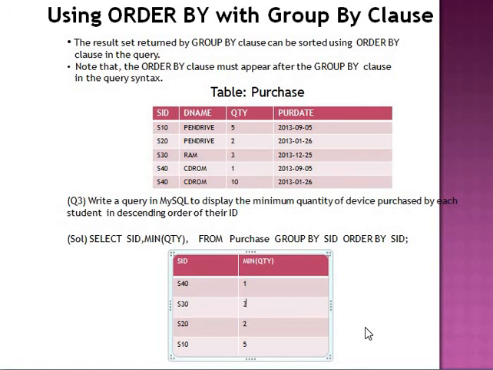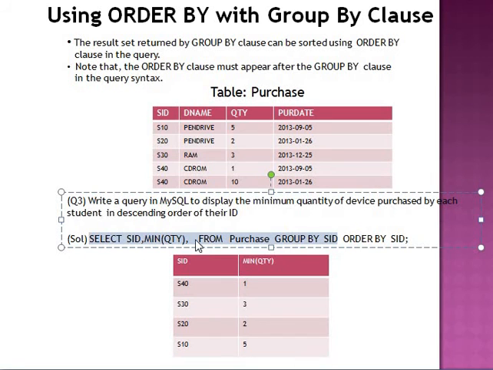And this is the final output after executing the first part, which involves the group by clause to be applied on the column name SID, and then the second part, which involves the order by clause to be imposed on the column SID.